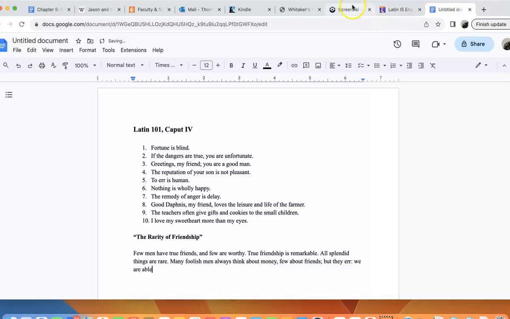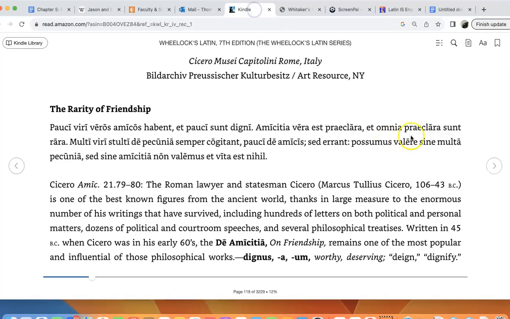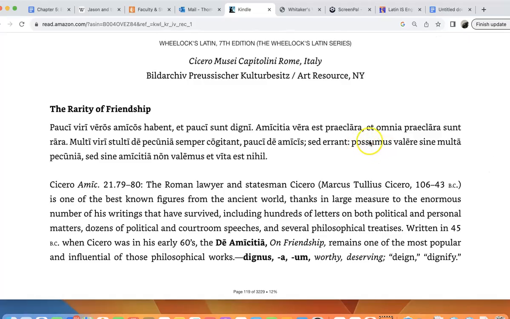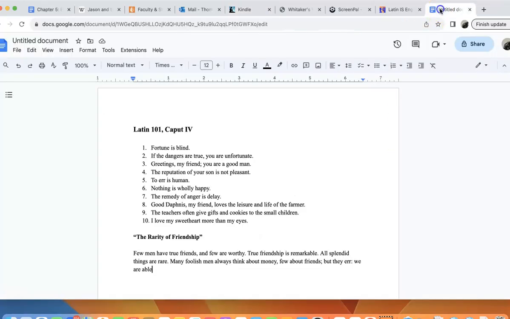Notice we are able is possimus. So mus is we, possu is are able. So put all together, possimus probably just needs to be memorized, means we are able. And then to be well, there's our infinitive. So possimus valere, we are able to be well.